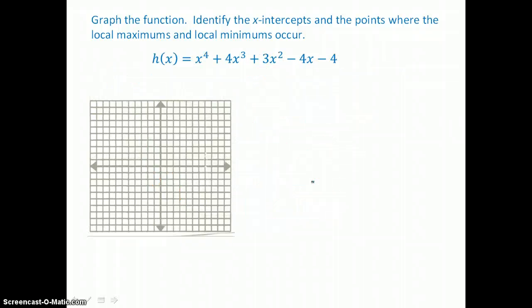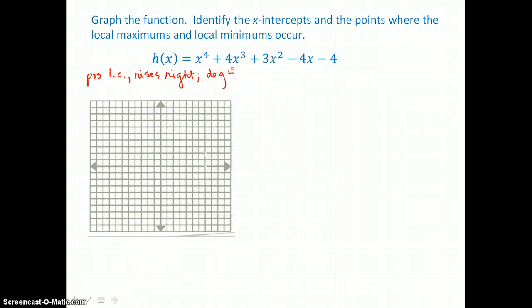The next function is h. It's a quartic, and we're going to graph it and locate those same x-intercepts and local maximums and local minimums. So let's discuss the leading coefficient. It's positive. That's going to tell us that the curve rises to the right. And the degree is 4.